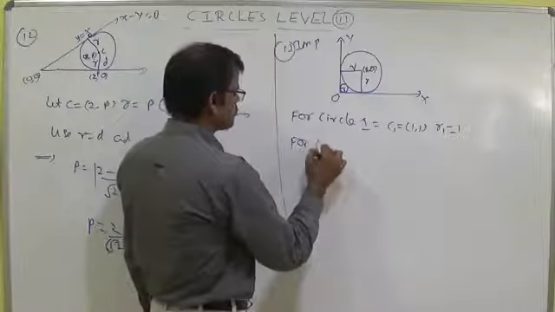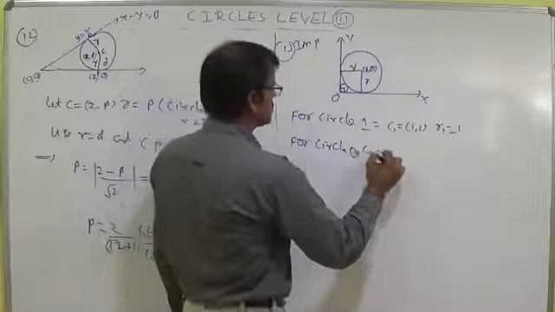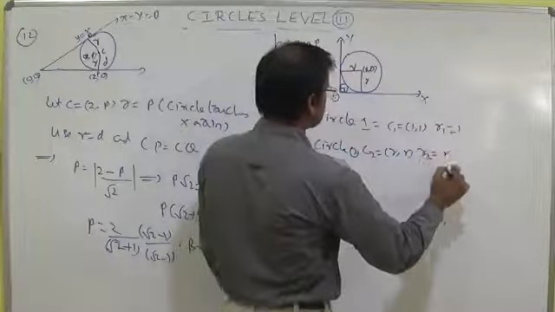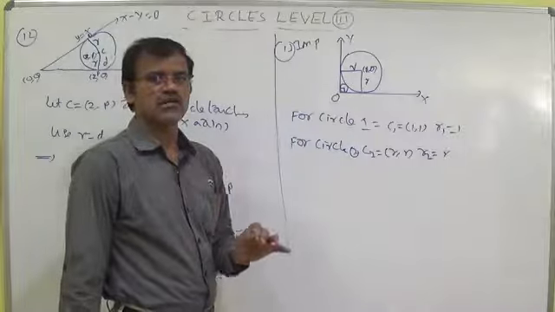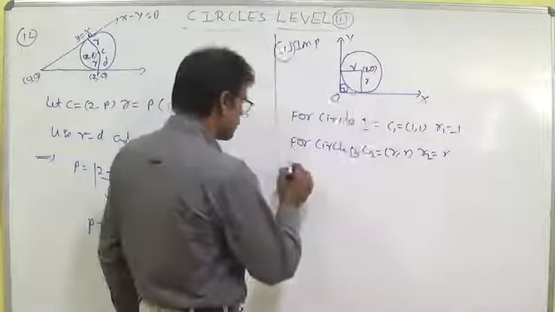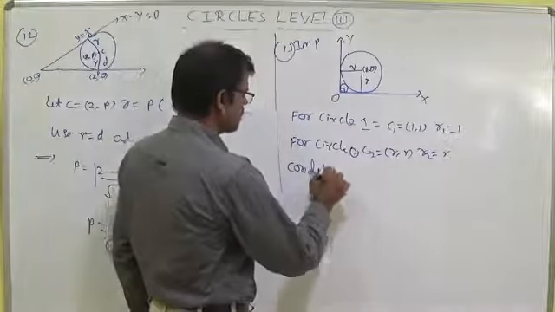For circle 2, that is C2, is equal to (R, R) and R2 is equal to R. Whenever a circle touches both axes, remember that the center is (R, R) and the radius is R, that's all. Of course I said the proof also. Now write the condition. What is the condition?